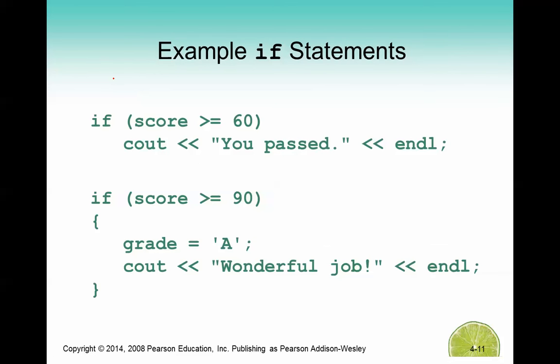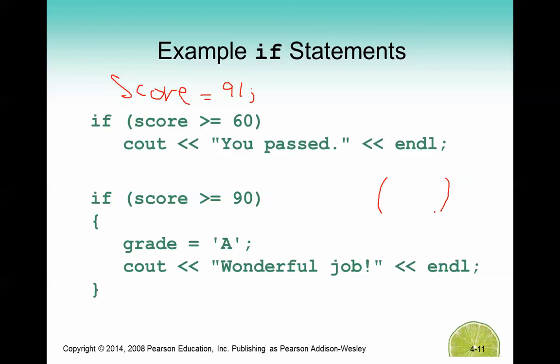Okay, let's suppose that we have in score the assigned value of 91. Okay, and we have 2 consecutive ifs. The first one is score greater than or equal to 60? Yes. So we're going to do this part.